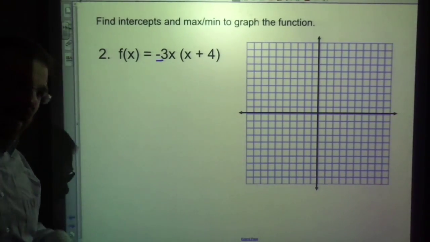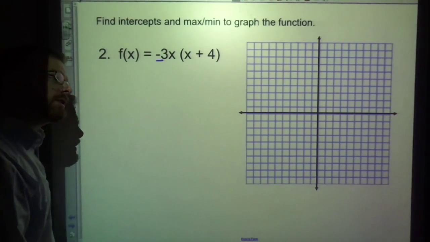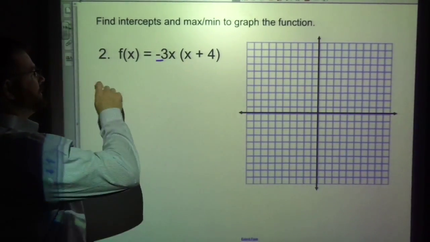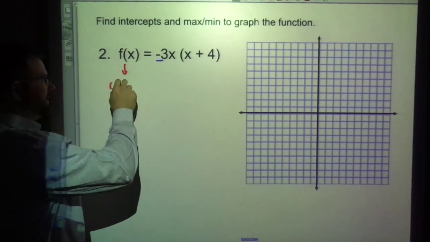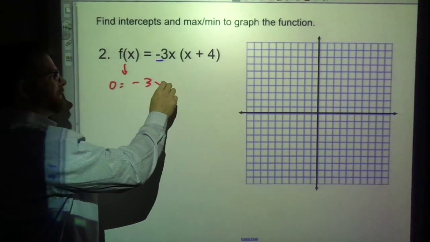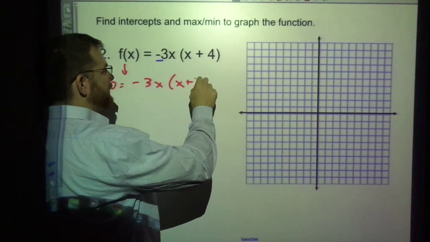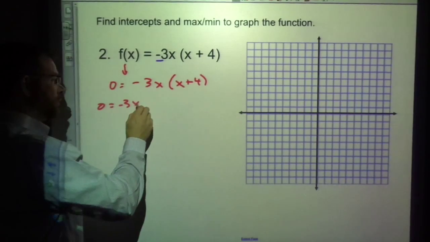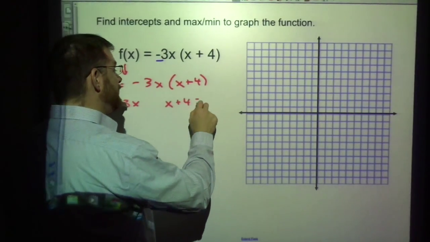Okay, so this one we can look at and say, aha, the leading coefficient is negative 3, which means it's going to open down and it's going to be pretty skinny. But the first thing we can do is find the x-intercepts. Let's let this be 0 and say negative 3x times x plus 4. Here's 2 things multiplied together to equal 0. So one or the other has to be 0.